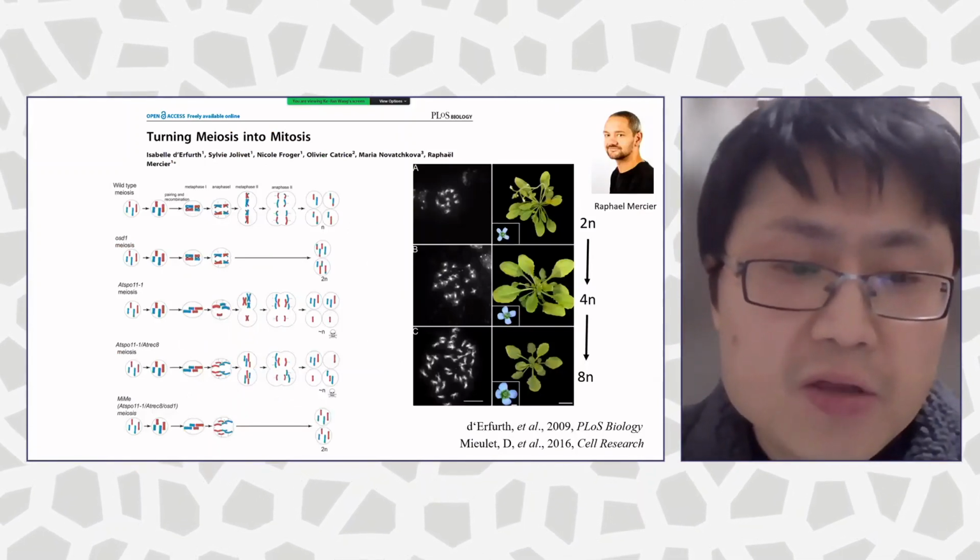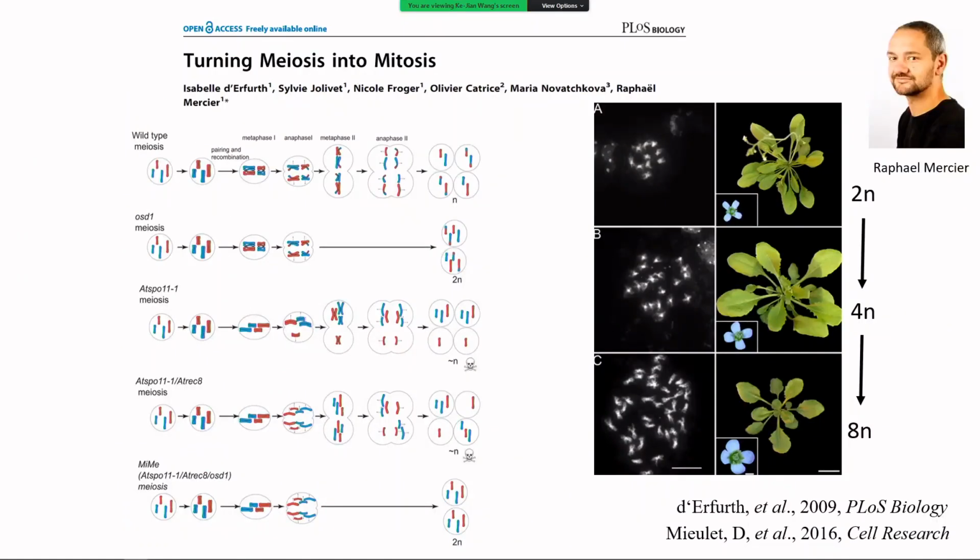Actually, in 2009, Raphael's lab found that if three genes involved in meiosis, OSD1, SPO11, and REC8, were co-mutated in Arabidopsis, the triple mutant, Mimic, will generate clonal gametes, and the ploidy will be doubled in each generation.